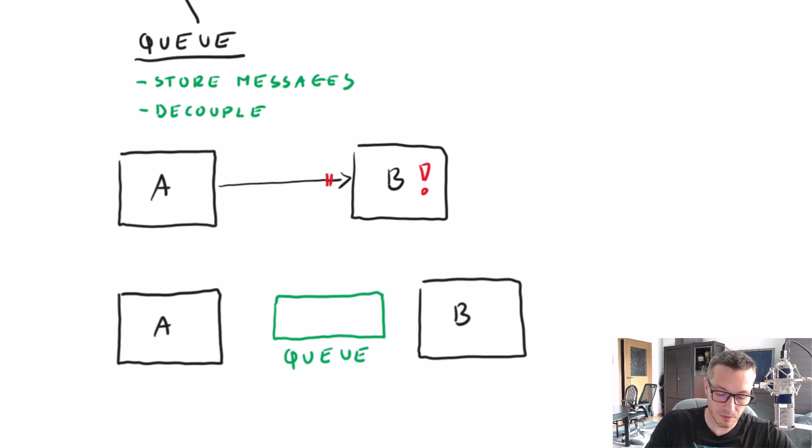Queue. And then component A would write messages to the queue, and component B will just grab those messages from the queue and process them at its own pace.